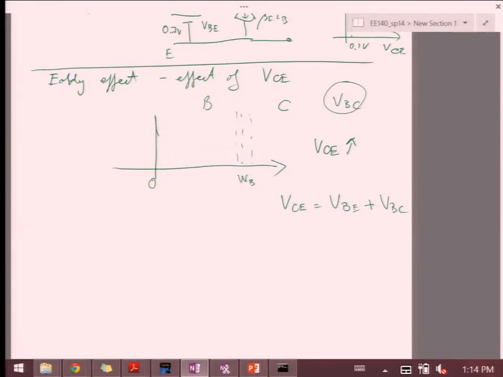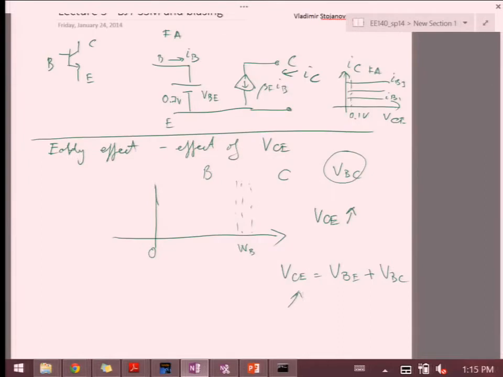So if I increase this, what happens with these two voltages, VBE and VBC? Does VBE increase? I'm changing this voltage here. Does this voltage change? No. VBE is very much pinned down to 0.7 volts.